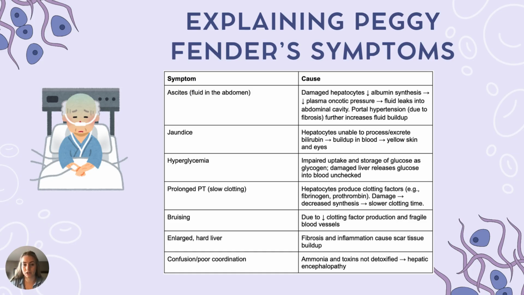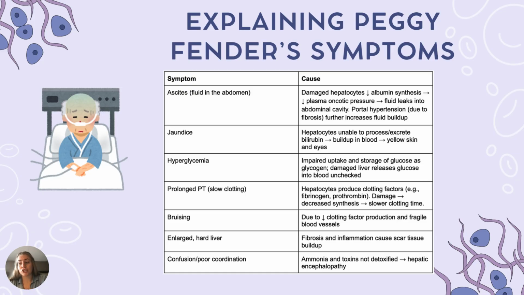For example, her ascites, the fluid in the abdomen, happens because the liver isn't making enough albumin, which lowers the blood osmotic pressure, while the scar tissue increases the portal pressure. This leads to fluid leaking into the abdominal cavity, which causes portal hypertension due to the fibrosis and further increases the fluid buildup.